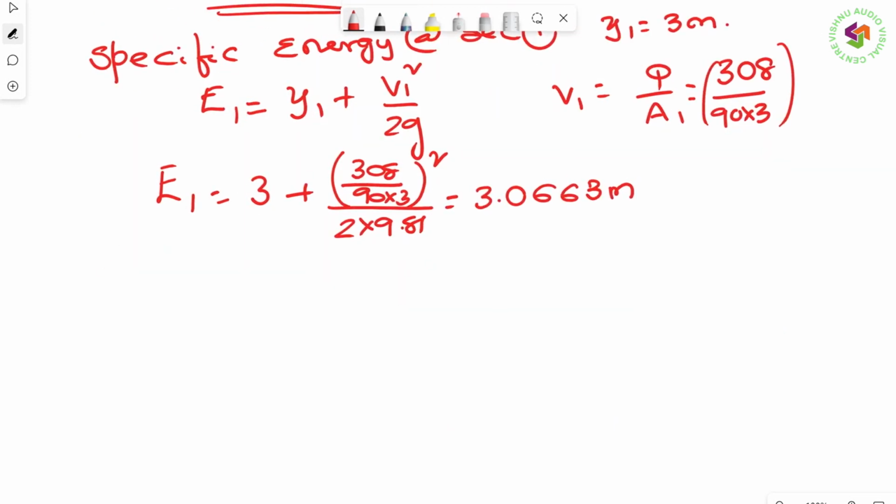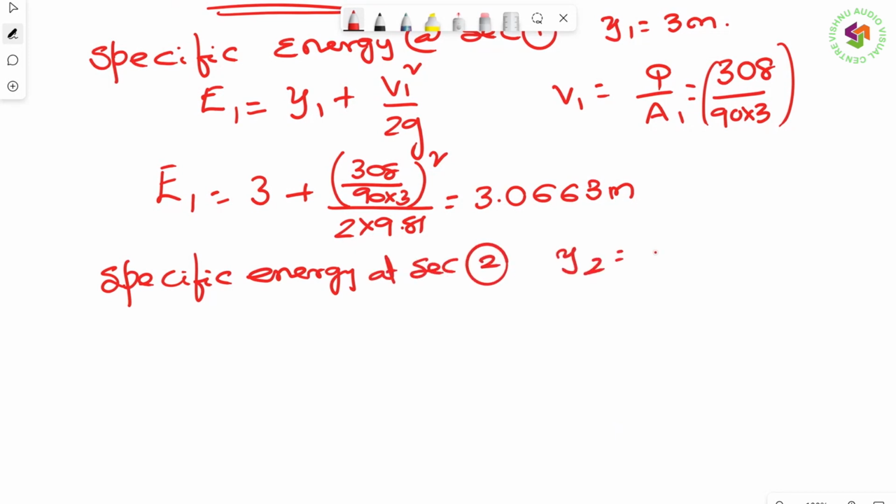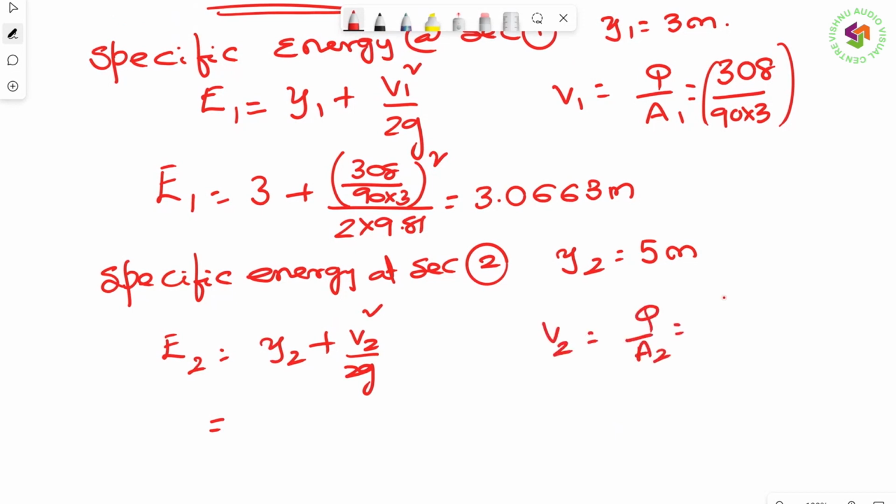Then specific energy at section 2. Y2 is equal to 5 meters. So E2 is equal to Y2 plus V2 squared by 2G. V2 is Q by A2, which is 308 by 90 into 5.